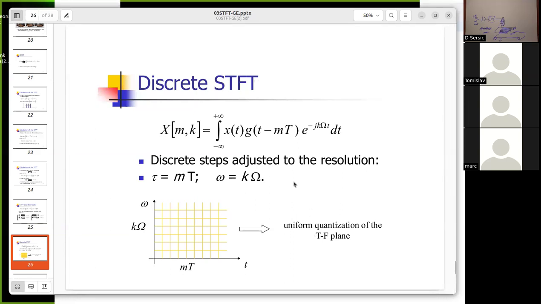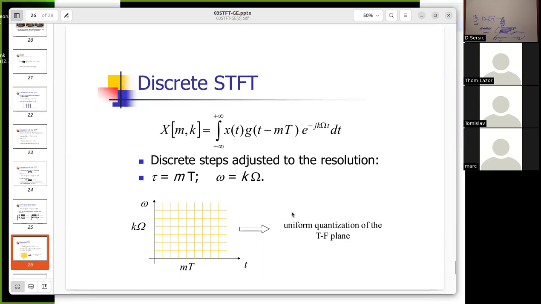Since we have a resolution that is linearly dependent on time shift tau and linearly dependent on omega, obviously we need to do some uniform quantization.